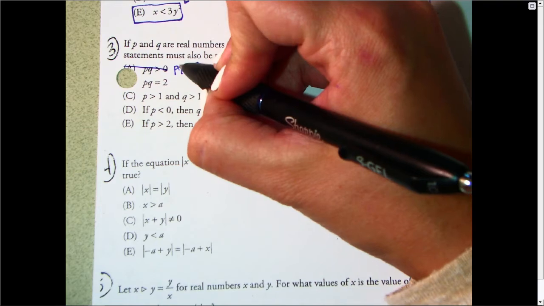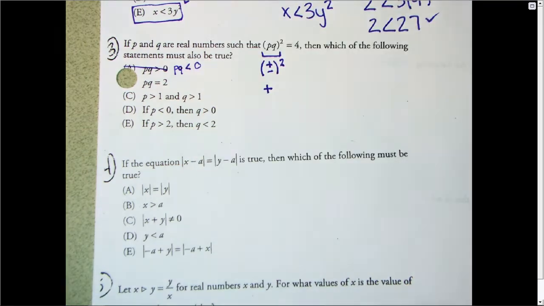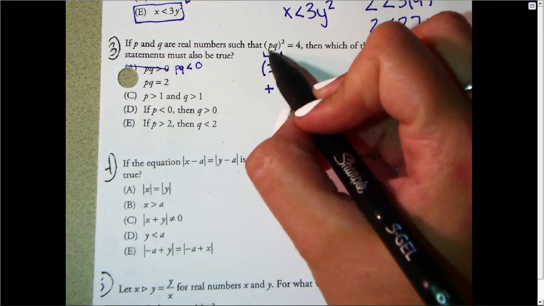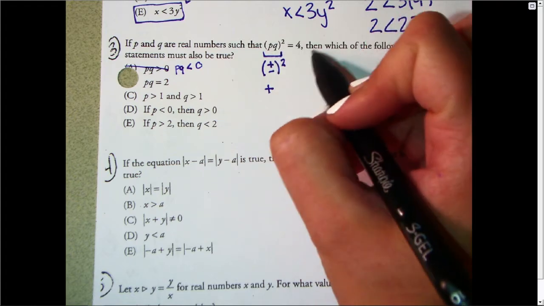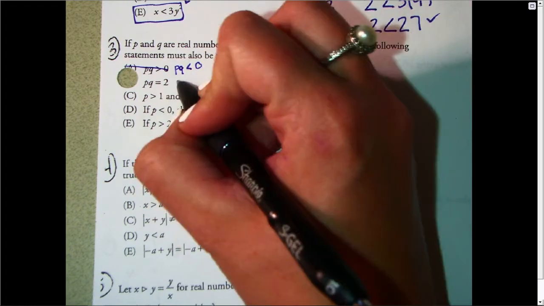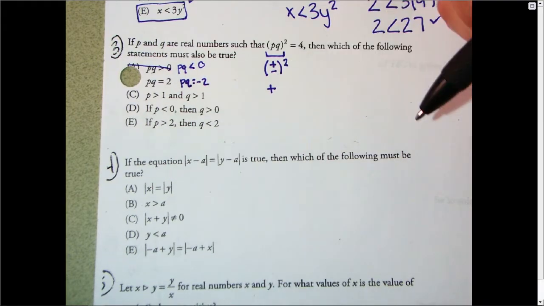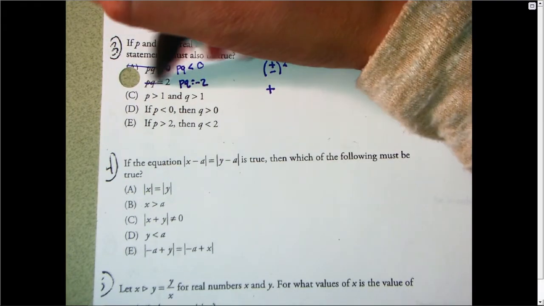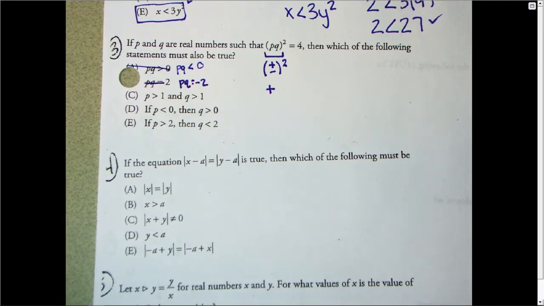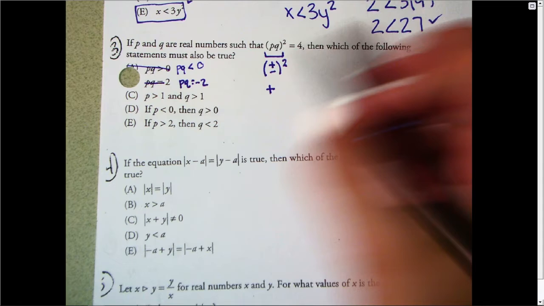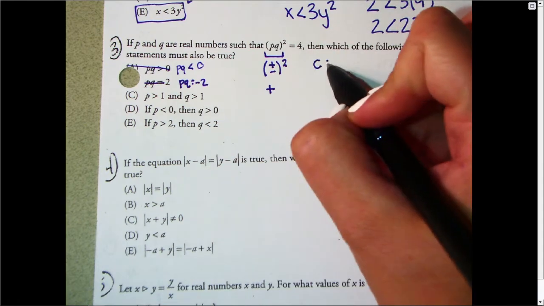Let me fix that q. pq equals 2. Well, that is true because 2 squared has to equal 4. But remember, p times q could also equal -2 because -2 squared is also 4. P is greater than 1 and q is greater than 1. That does not have to be true. So let's test option C right here.